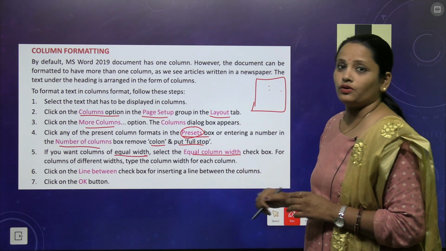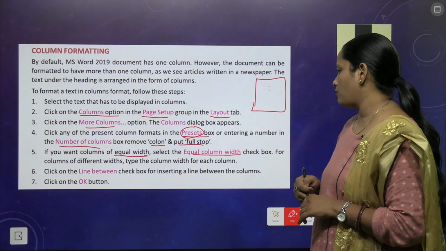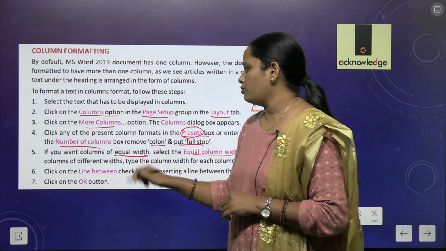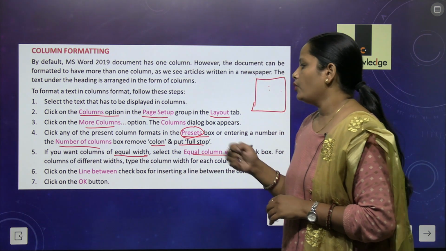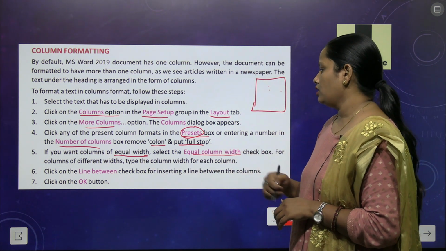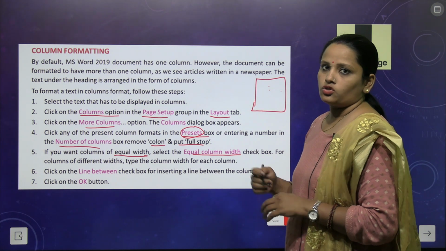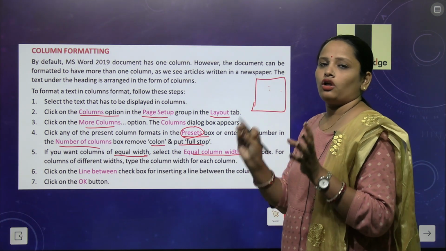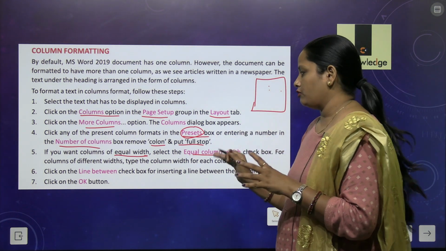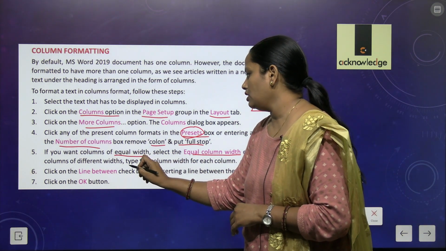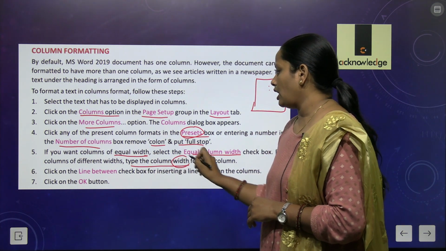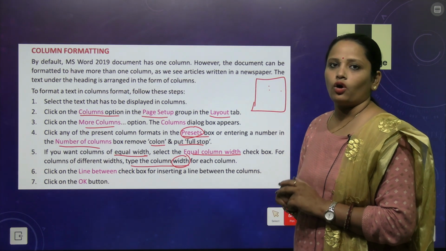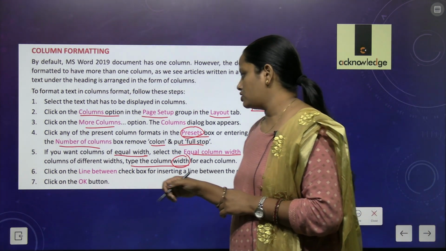We have to go to the Equal column width checkbox. For columns of different widths, type the column width for each column. So if we want each column to be of different width, we have to type the number in that column so that the width can be changed.